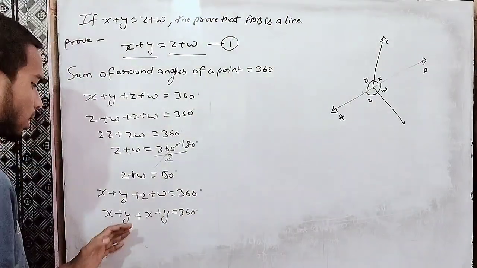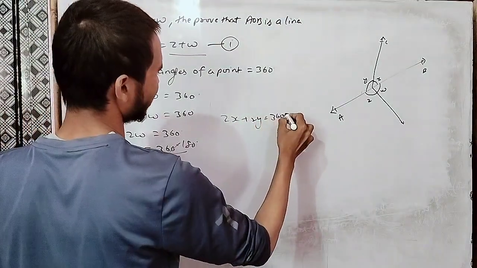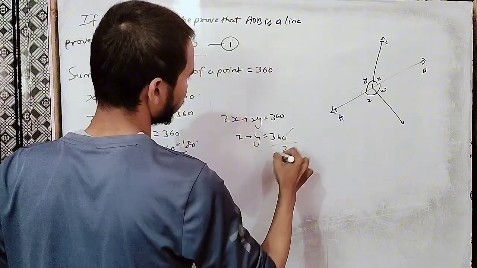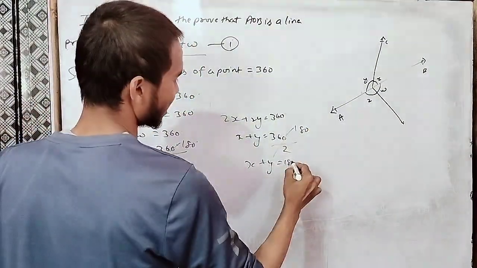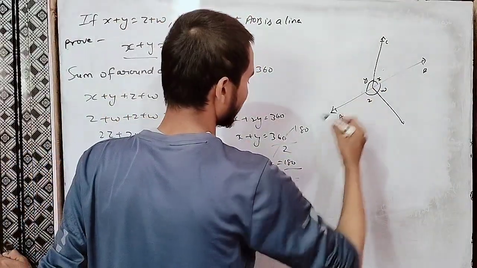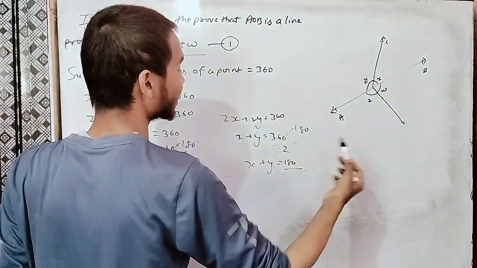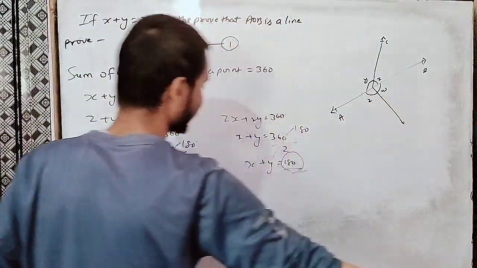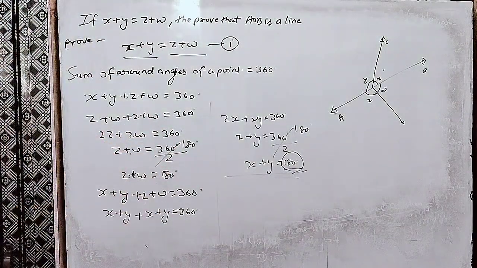You can simplify it: 2x plus 2y is 360 degrees. x plus y is 360 upon 2, which is 180. This says that the sum of this is 180 degrees, which means we have a straight angle, which is AOB, and we have done whatever the question was asking.